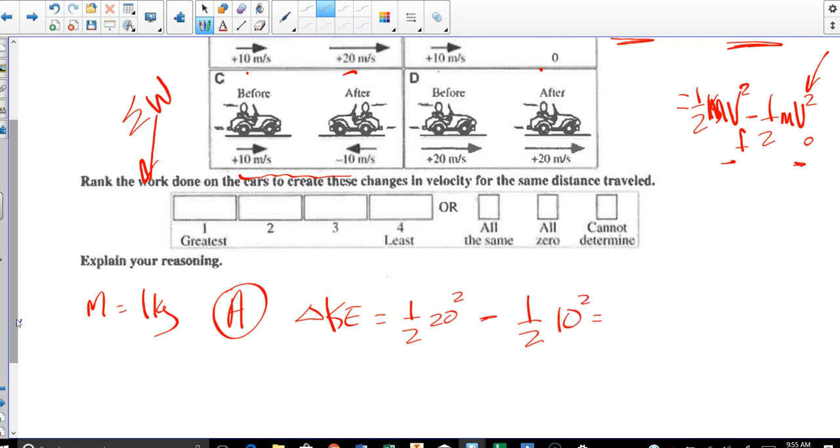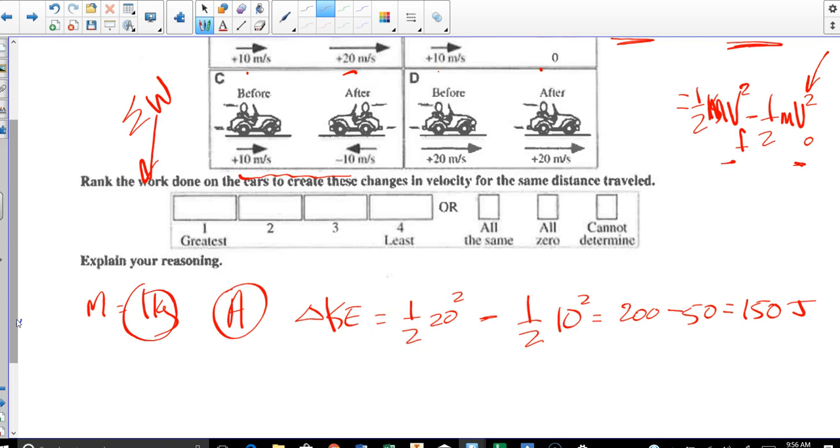That's 400, half is 200, minus 100, half is 50, so that's 150 joules, if I did that correctly. And once again, you're like, where did the mass go? Remember, mass is 1 kilogram, so multiplying by it won't make a difference anyway. And I would do that for each of them.